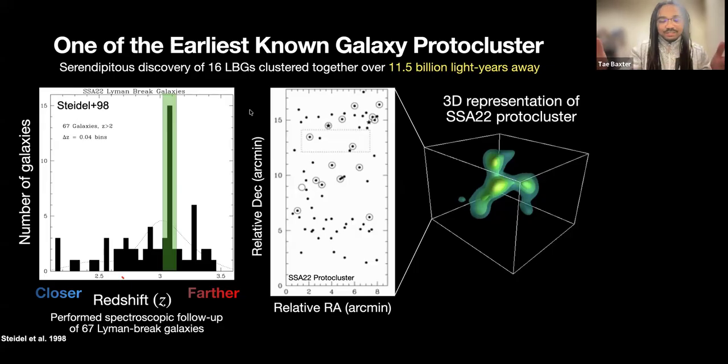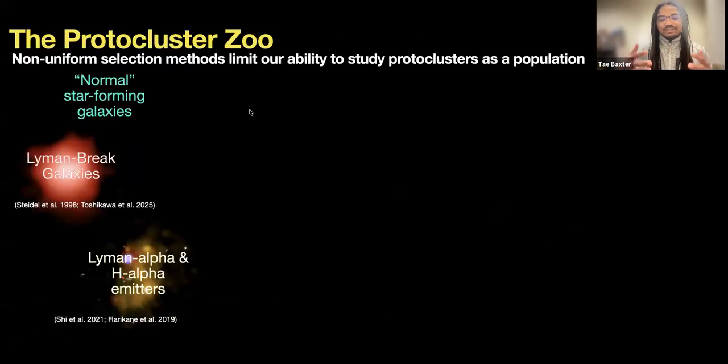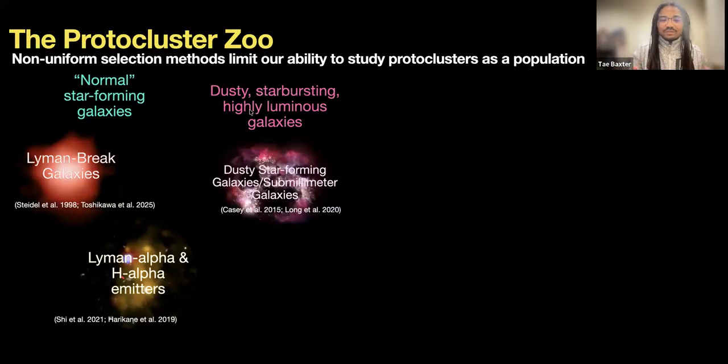Throughout time since then, folks have found other tracers of galaxies in the early universe. You have these normal star-forming galaxies, these Lyman break galaxies. Other folks have used galaxies that are dusty and have very high rates of star formation. Again, I mentioned earlier the cores of protoclusters are thought to be regions where a lot of star formation is happening, so they use these galaxies as tracers.